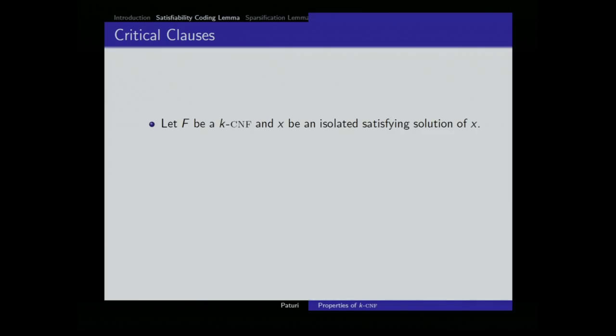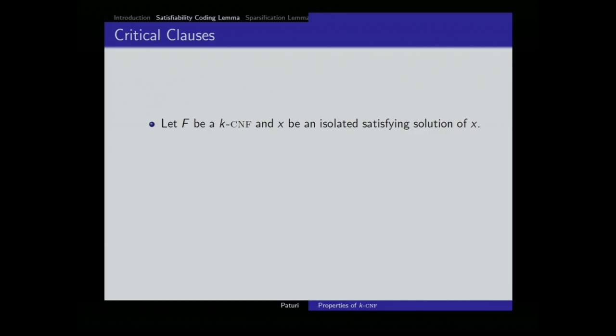Plug the values of this assignment X into the formula and look at each clause. Since it's a satisfying assignment, every clause is satisfied. Not only that, some clauses are minimally satisfied. By that I mean there are some clauses where all the literals except one are 0.